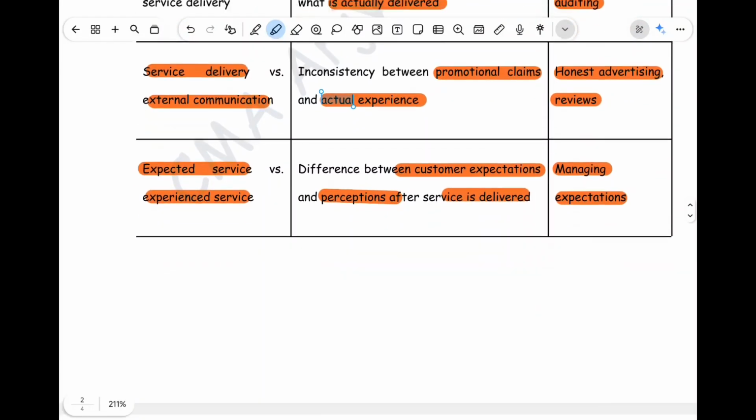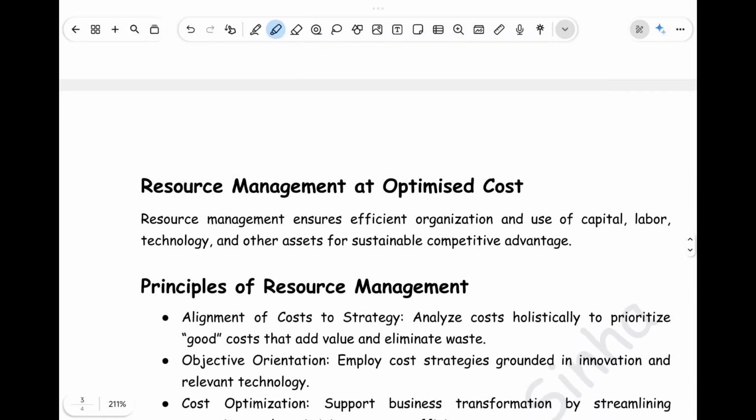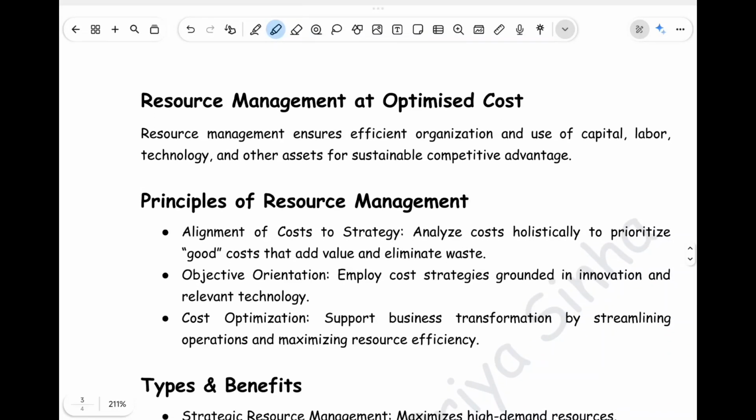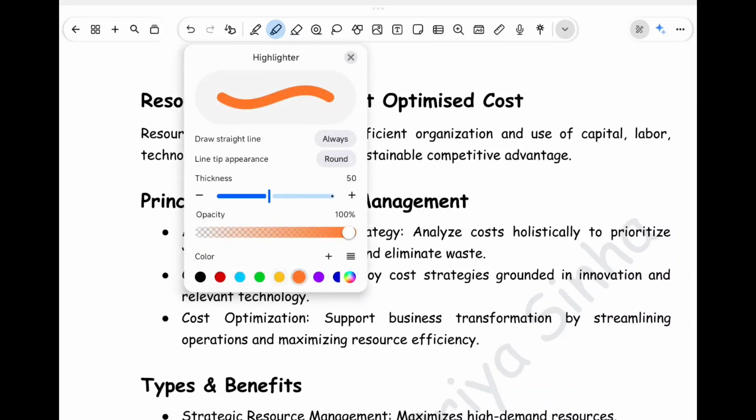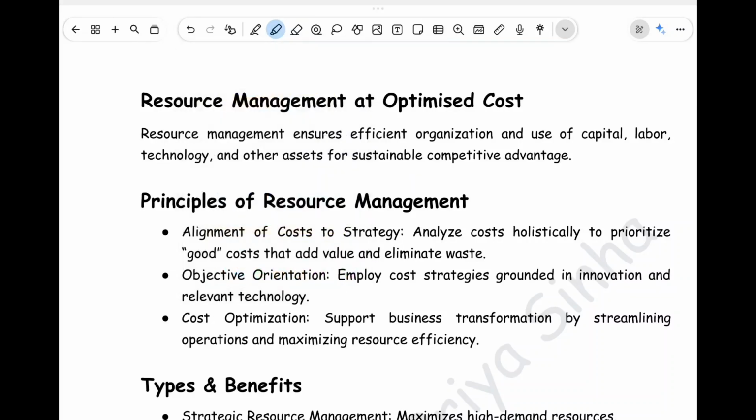Okay. Next topic is resource management at optimized cost. Now, how can we manage our resources at an optimized level? So let's understand this also. Resource management ensures efficient organization and use of capital, labor, technology, and other assets for sustainable competitive advantage.